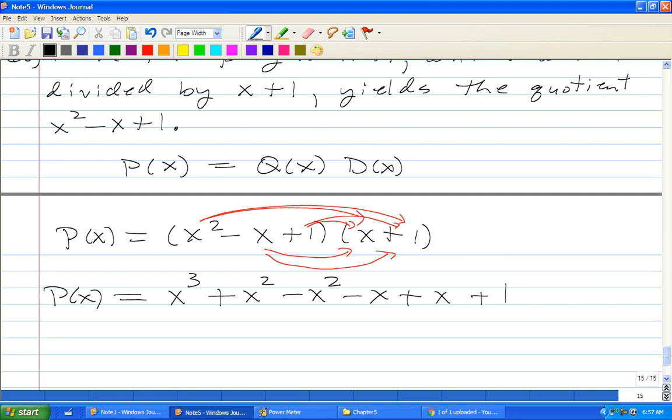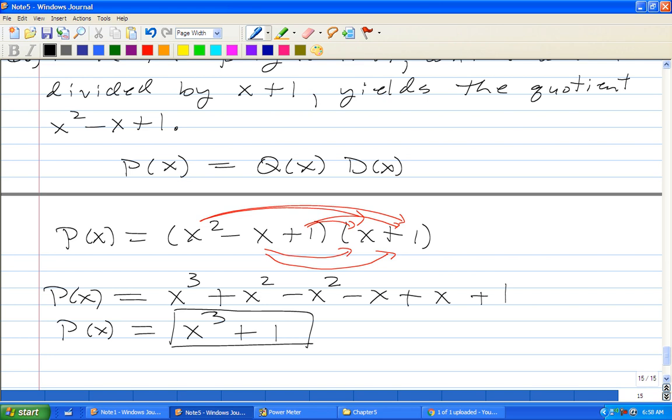Well, the x squareds cancel, the x's cancel, so I get x cubed plus 1. And that is the polynomial which, when divided by x plus 1, yields x squared minus x plus 1.